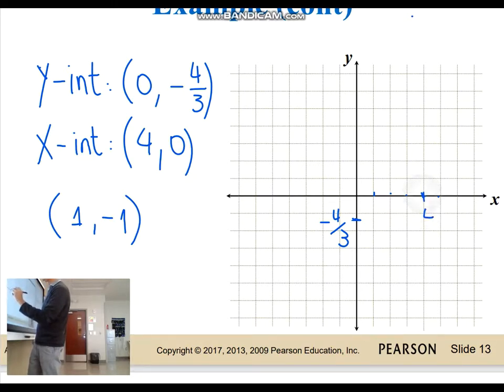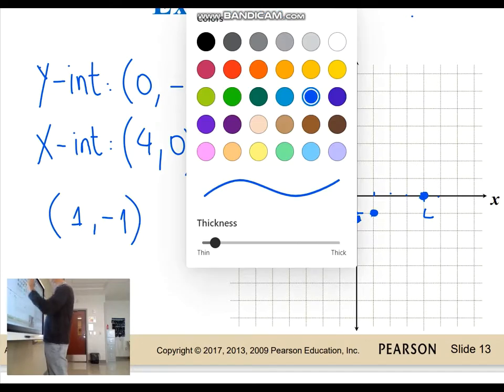So we now have 2 points. And another point that we have here is x equals 1, y equals negative 1. Negative 1 is here. The third point is this one. Check this, we have 3 points. We can represent and draw the graph.